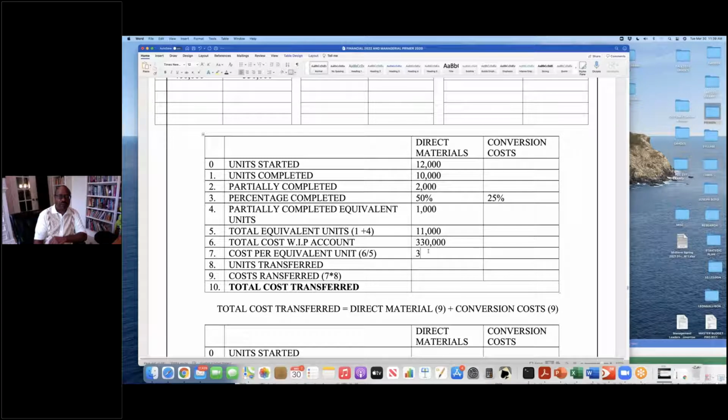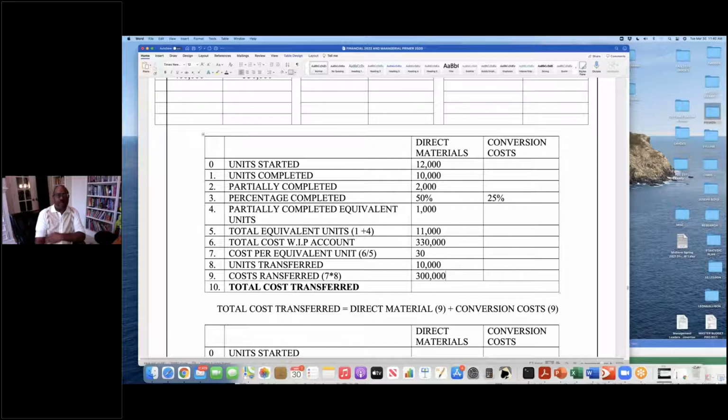That's 30. Okay. So the units transferred were 10,000. So how much does this cost we transfer out for raw materials? $30,000. A little bit more. 300,000. It's 300,000. I mean 300,000. Sorry. 300,000.